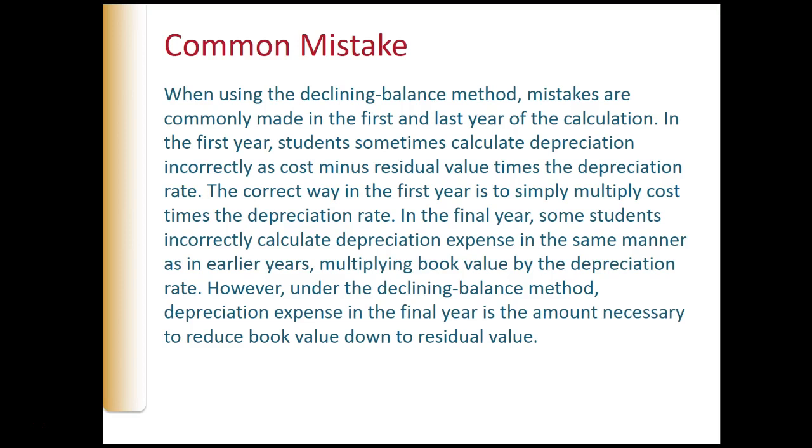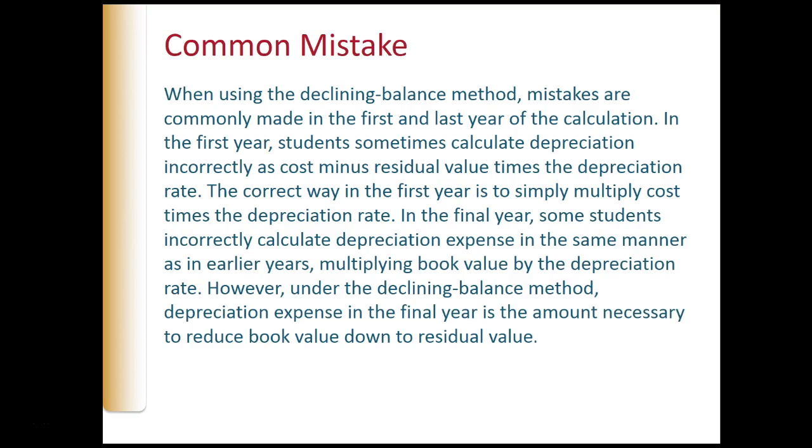Now, a common mistake when using declining balance is that mistakes are commonly made in the first and last year of the calculation. In the first year, we often calculate depreciation incorrectly as cost minus residual value times the depreciation rate. The correct way in the first year is to simply multiply cost times the depreciation rate.